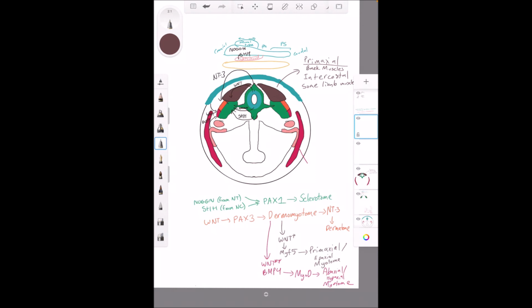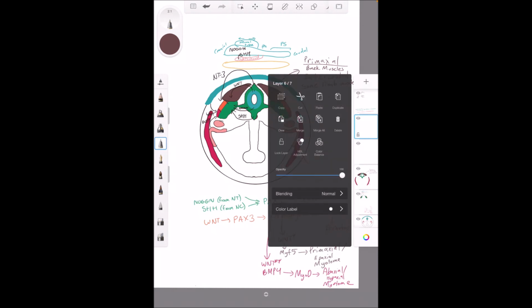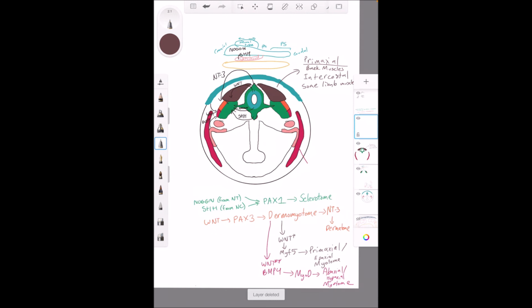So in contrast, I see I accidentally added 2 layers. Anyway, in contrast, the abaxial is going to generate these guys over here. The abaxial myotome is going to make the muscles of the body wall, most of the muscles of the body wall, so basically the abdominal muscles.